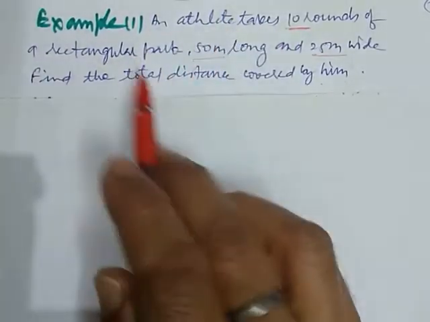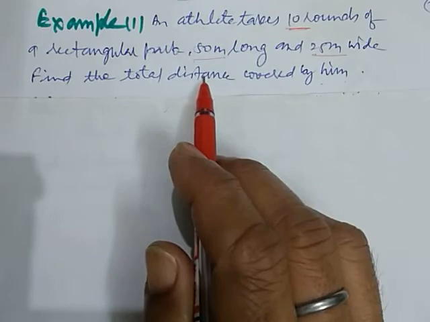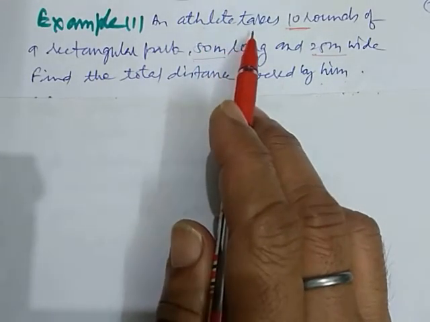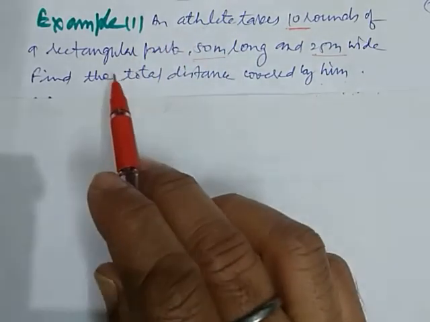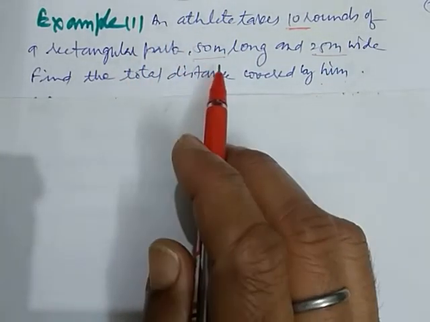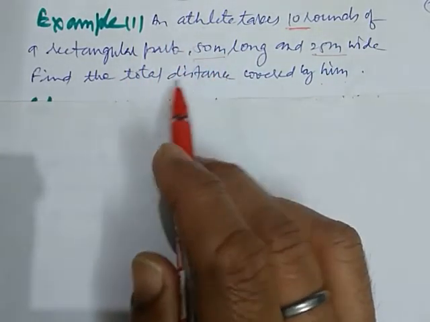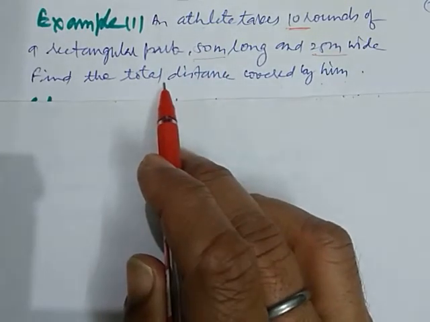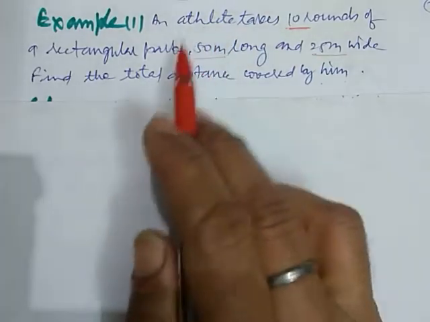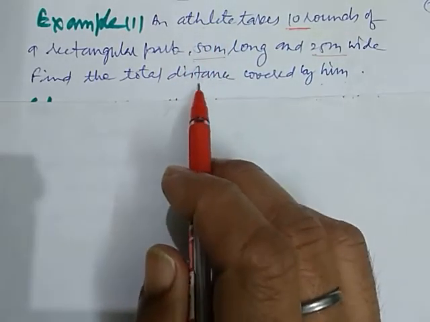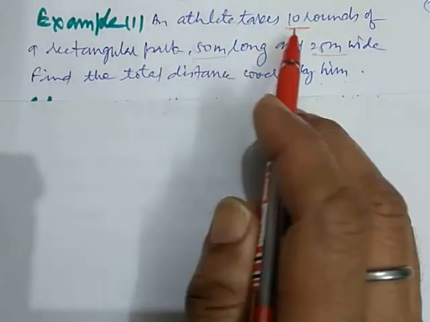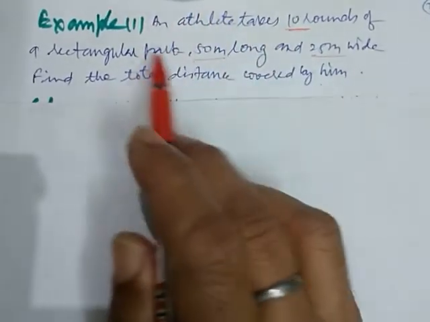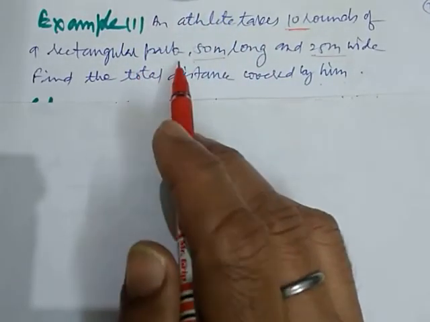In this type of problem, we have to calculate the perimeter. It is not asked in the question that we have to calculate the perimeter, but we understand that this is a problem of calculating perimeter, because the distance around the figure is the perimeter, nothing else.